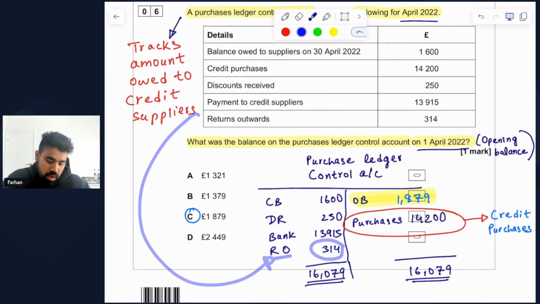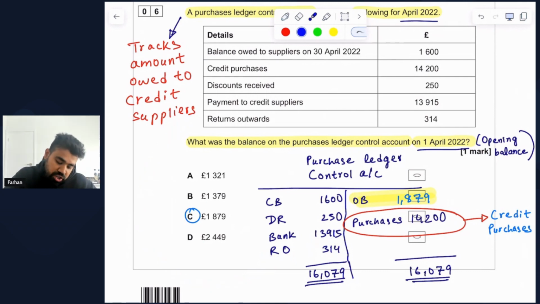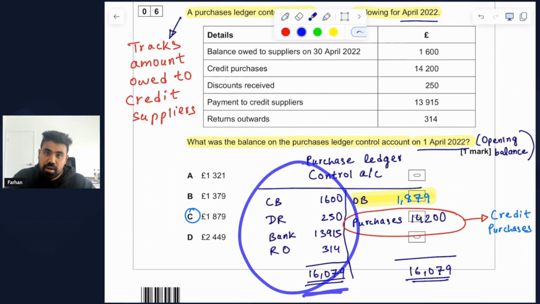Okay. So our main concern in this question is to calculate the opening balance, which is what you can see is highlighted in yellow. We calculate the total of everything on the debit side, which gives us £16,079, which must be the total on the credit side, so that the fundamentals of accounting are applied.